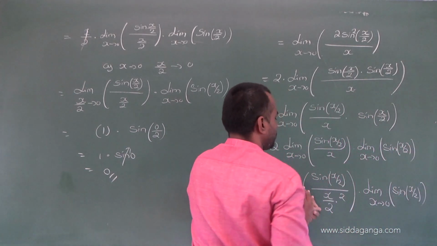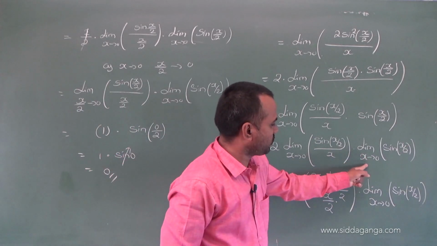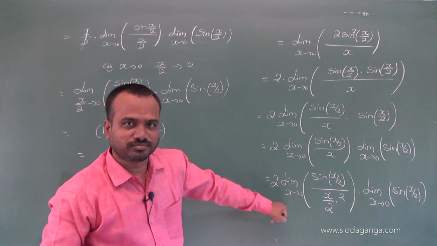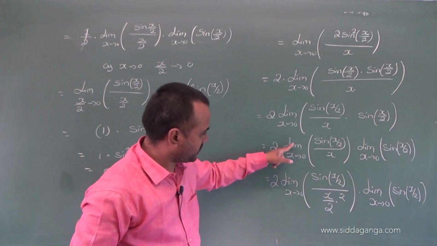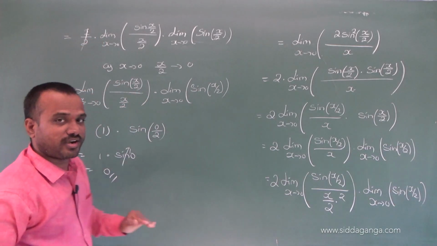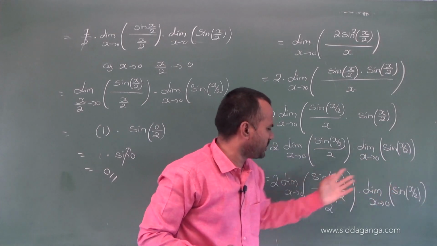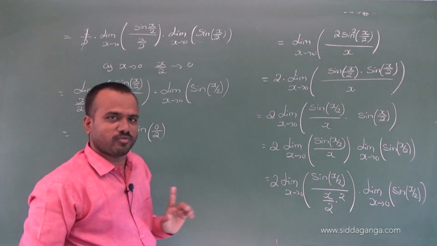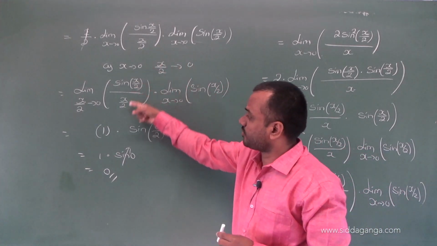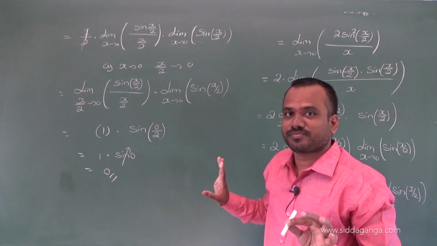Here we could substitute directly, no problem, but this simplification is very important. That's why I simplified. Directly, 0 into anything is 0, and we get the result, but this procedure is very important, so I keep it as it is.